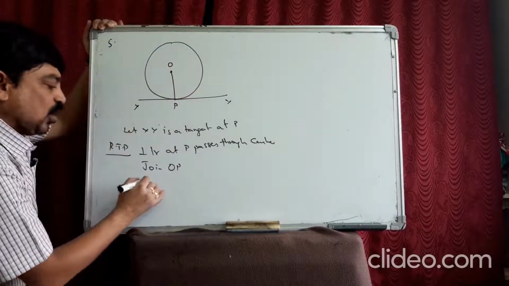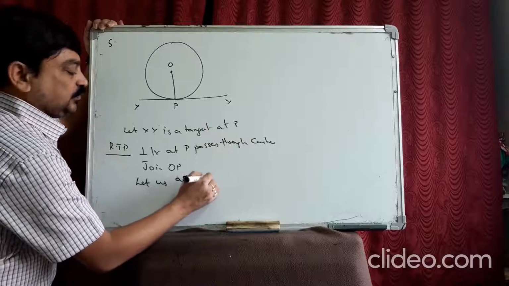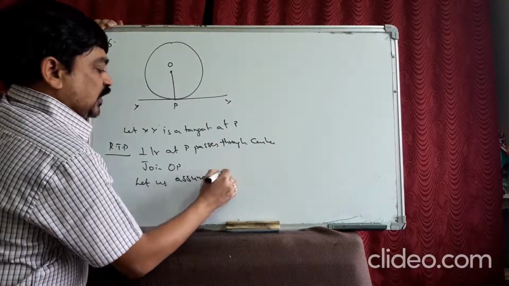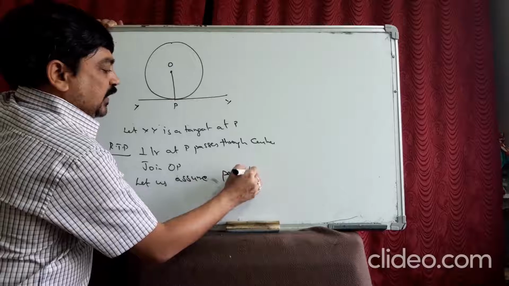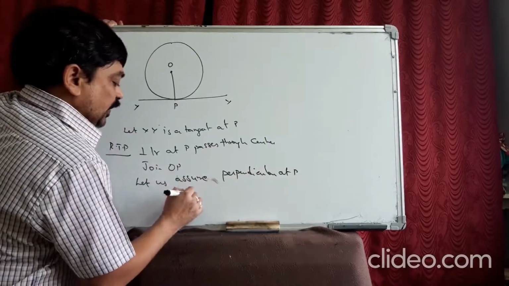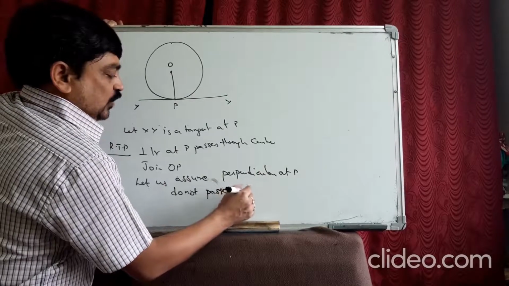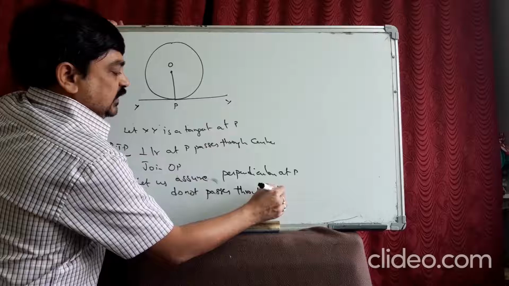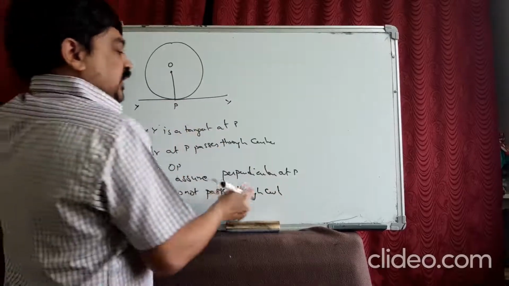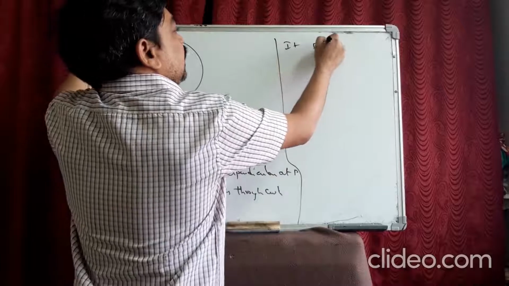And let us assume the wrong thing. Let us assume the perpendicular at P does not pass through the center. Suppose it does not pass through the center, it should pass through some other point.